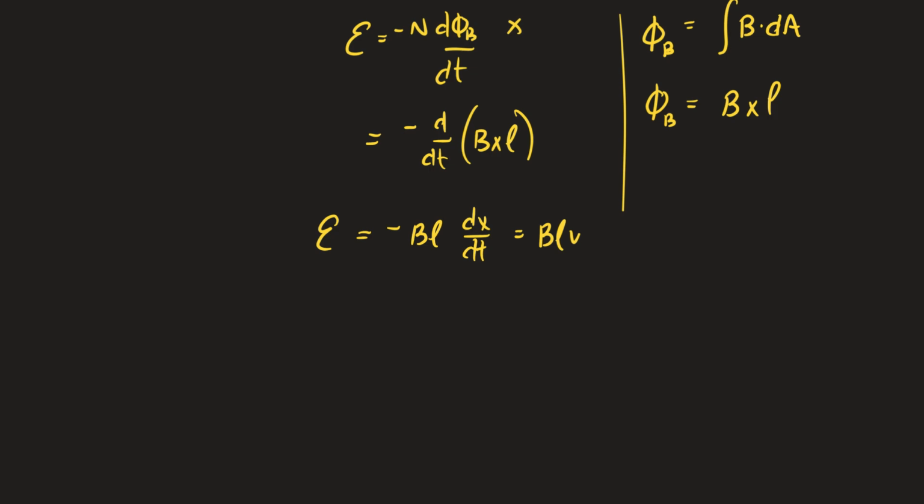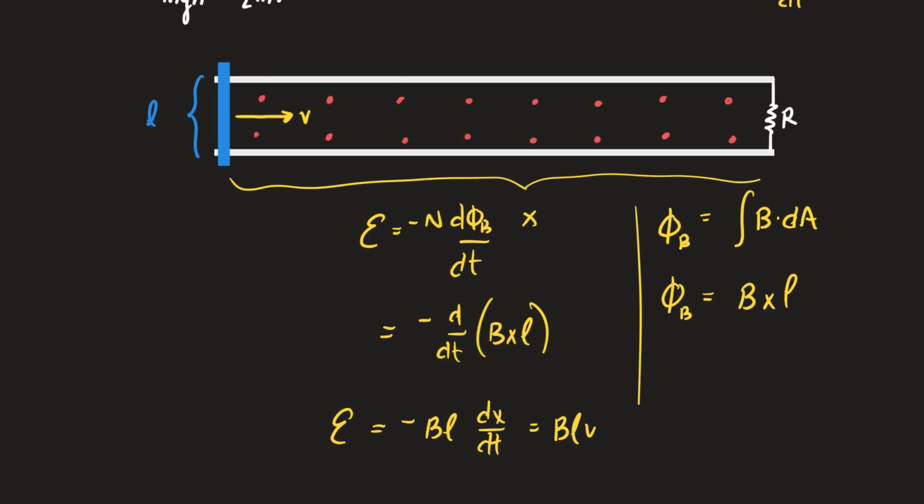Okay. Any question to this point? All right. It's on you. I want you to attempt to use Lenz's law to justify the direction of the current in the bar.